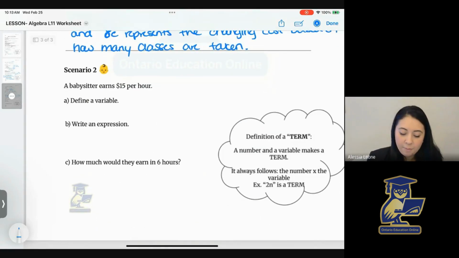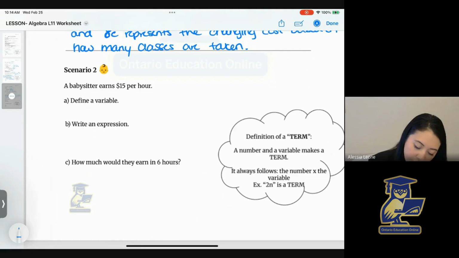Scenario number 2, a babysitter earns $15 per hour. Let's define a variable. So, do we have a fixed cost here? No, we don't. We only have a variable. We only have a cost per hour. So she can or he can work however many hours and get charged $15 per hour.